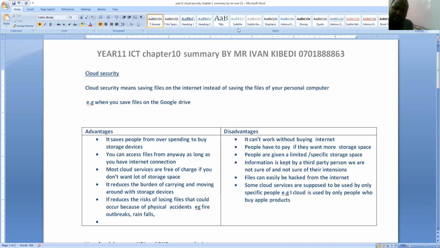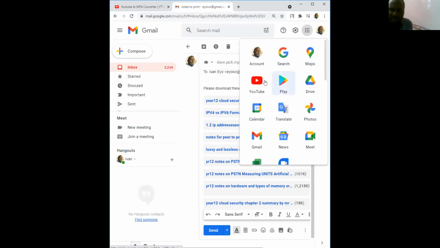Actually, let me show you how I use it. I have my Google Drive here. All my files are there. I save them there. So here, let me just share this. You find that my files have been saved here on my Google Drive.